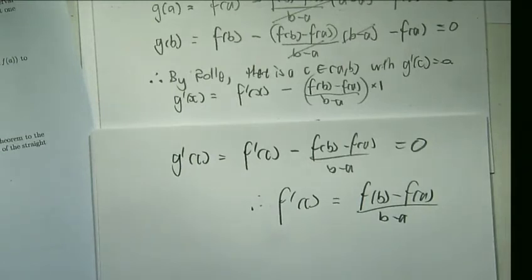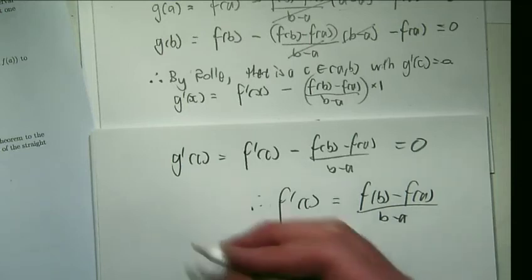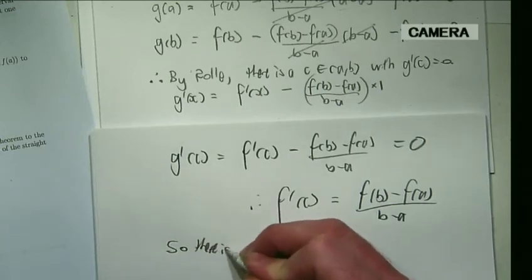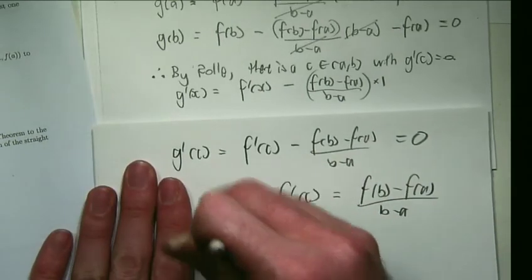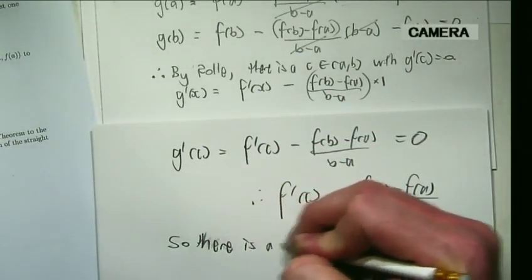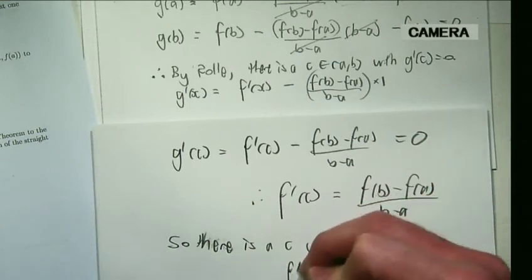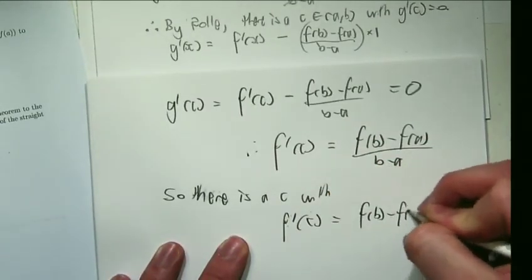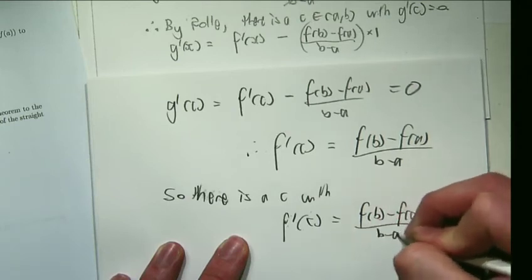That's the mean value theorem. So there is a c with f dashed c equals f of b minus f of a over b minus a.